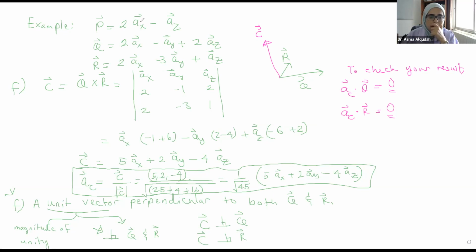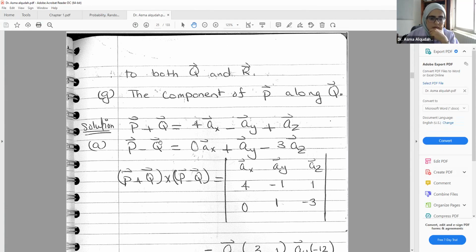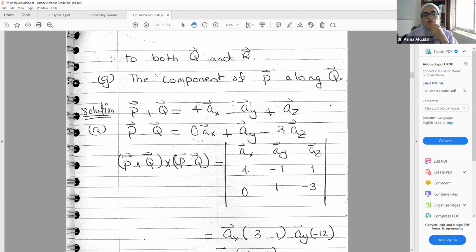Okay, let's get back to the notes. Part G, the component of P along the Q. Let's do this later, because I have to talk about the section that is about the component of a vector along another vector.